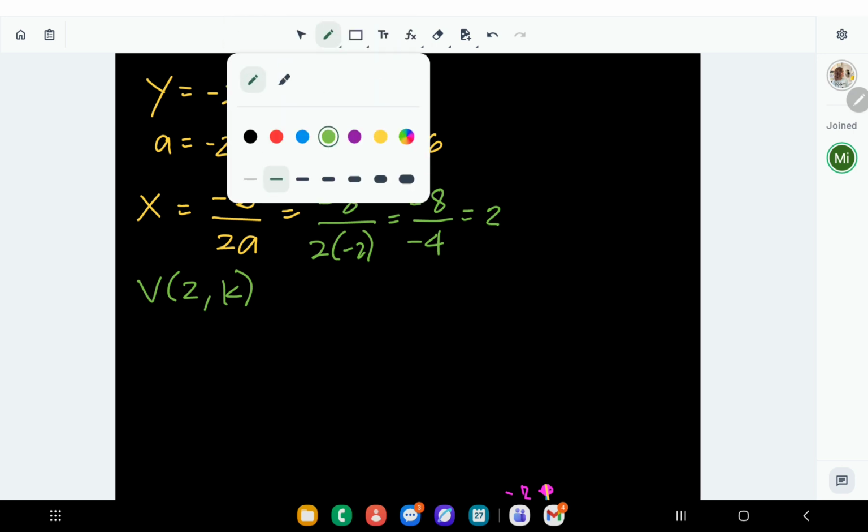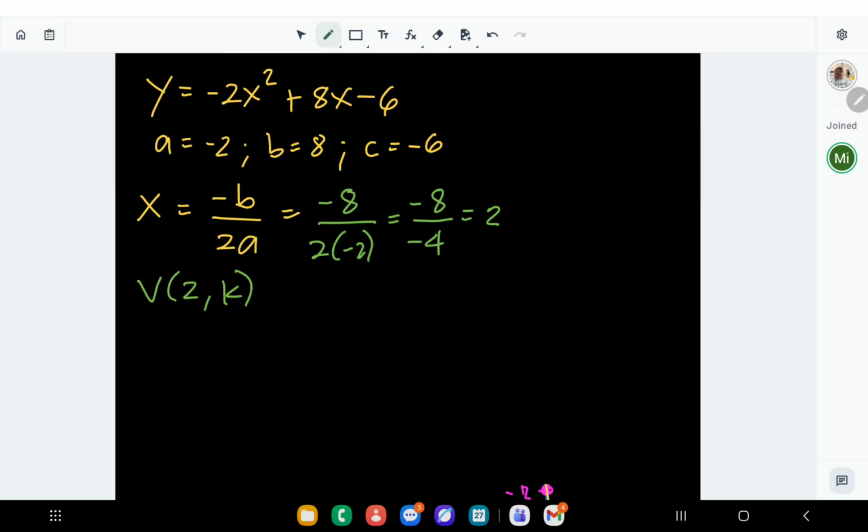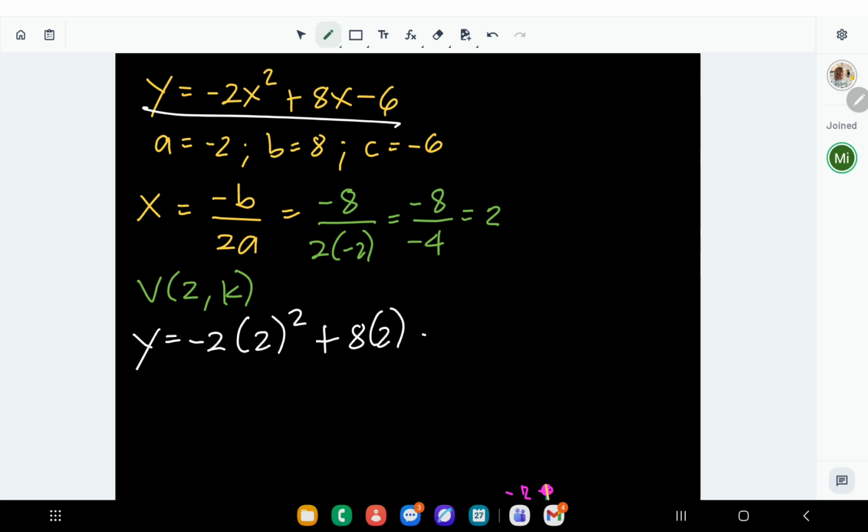And then we solve for k by plugging in 2 to the original function. We substitute that. So y equals -2 times 2 squared plus 8 times 2 minus 6.